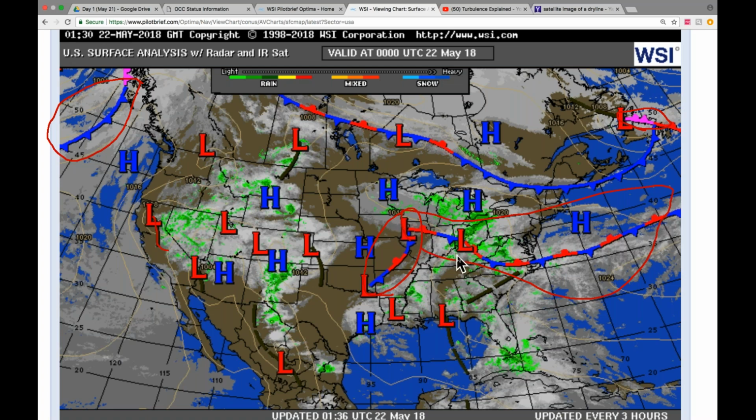What's its movement? Not much. Yeah, stationary, right? Good. And what do we expect? A trough is an elongated line of low pressure. Yep. So what kind of weather can we see associated with a stationary front?